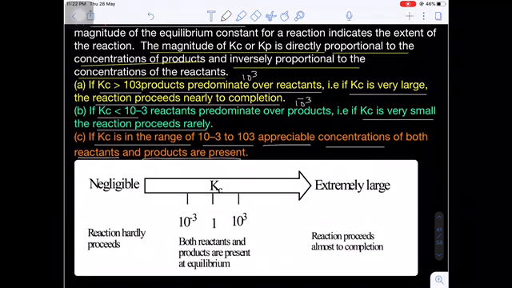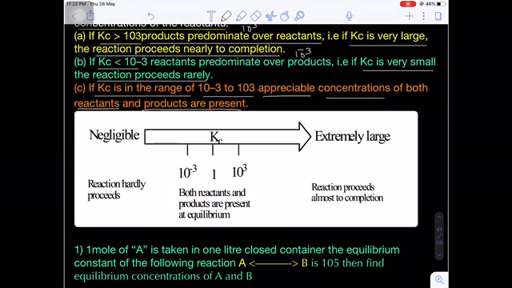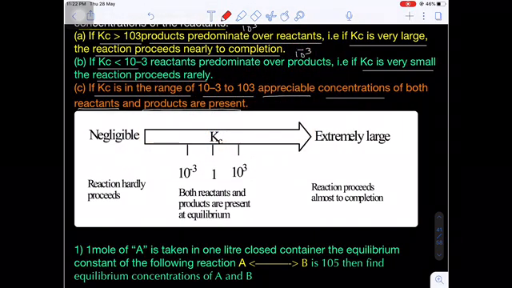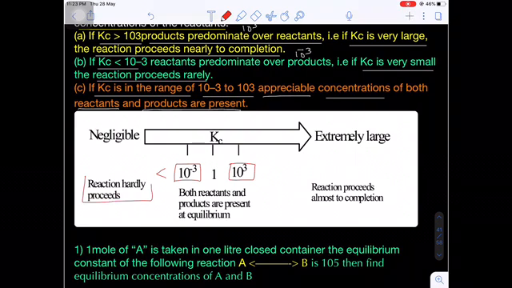Once again, here I am giving a table in which the equilibrium constant values are 10 raised to minus 3 and 10 raised to plus 3. If the equilibrium constant is less than 10 raised to minus 3, the reaction proceeds very hardly.